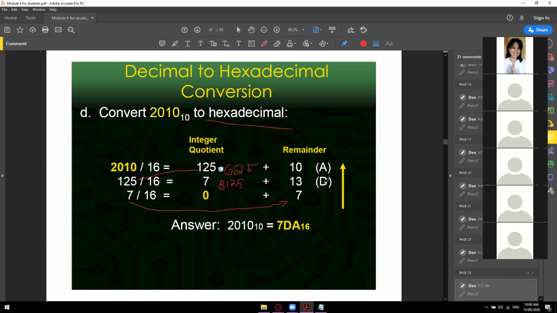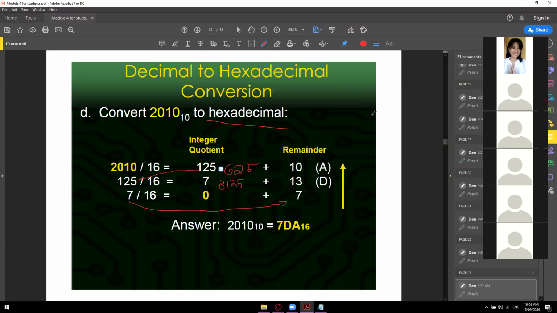Kapag 13, letter D. Okay na? So, sinong hindi pa ready?